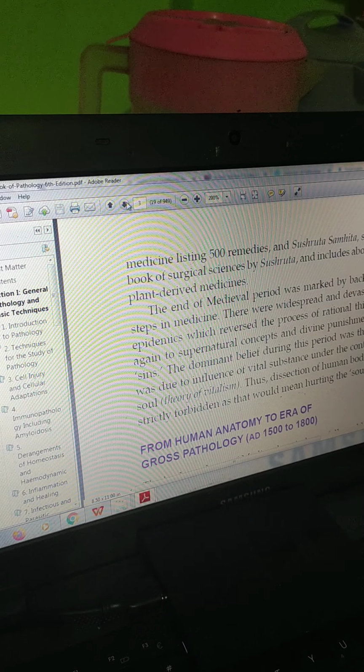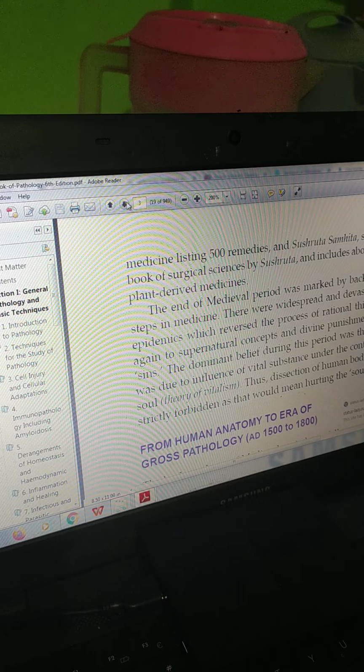The dominant belief during this period was that life was due to influence of vital substance under the control of soul, the theory of vitalism. Thus, the dissection of human body was secretly forbidden, as that would mean hurting the soul.